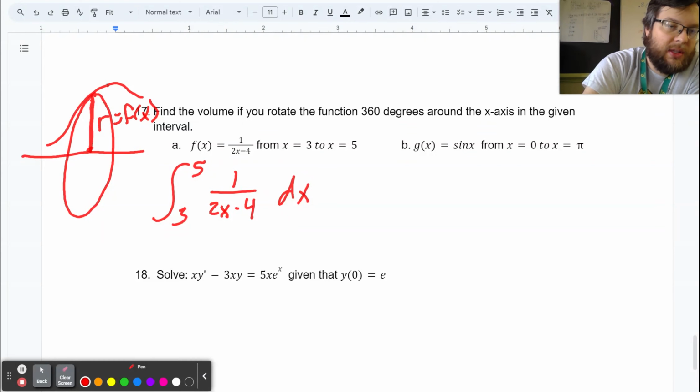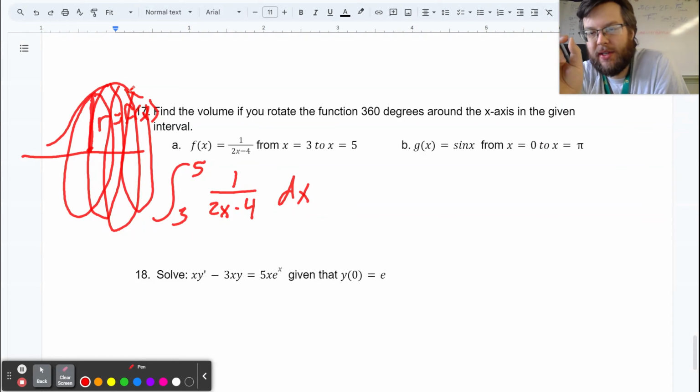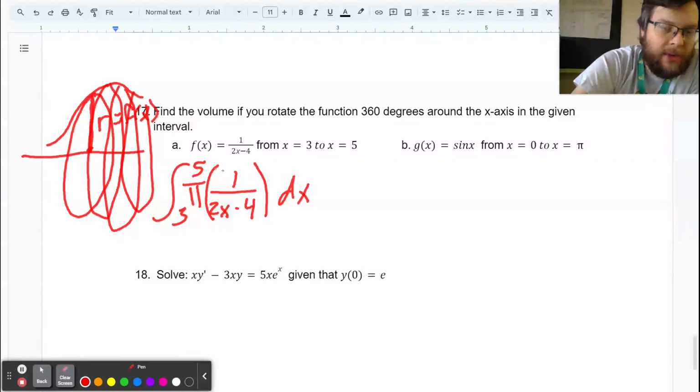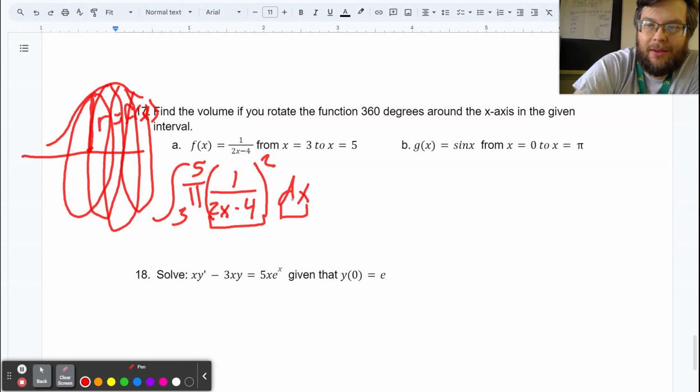And so I'm doing that at every point along the interval. I'm creating an infinite number of infinitesimally small cylinders. And the volume of a cylinder is pi r squared times h. So here's pi, here's r, and here's h. That's why they're infinitely skinny.